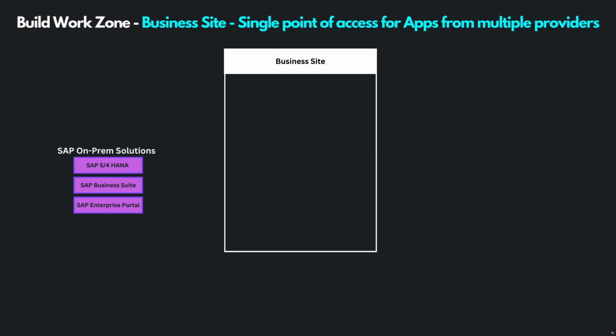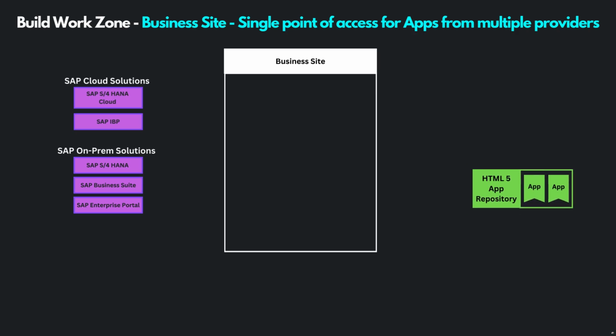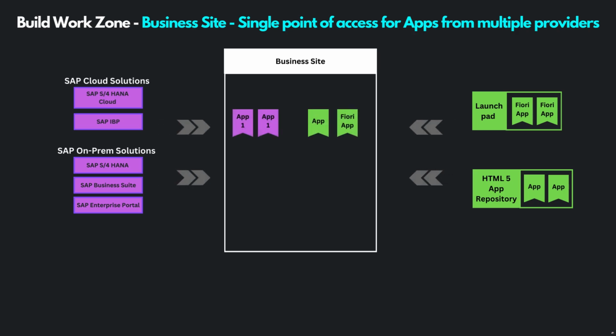You may also have some apps hosted on cloud solutions, such as SAP S4 HANA Cloud. You may also have some HTML5 based applications which are stored in the HTML5 application repository on SAP BTP. Or you may also have defined some Launchpad module based applications on your BTP. Now, all of these applications, which are in different solutions, can be brought and integrated into your business site.